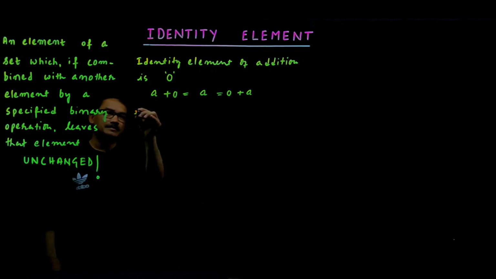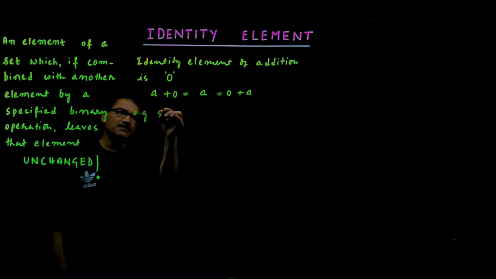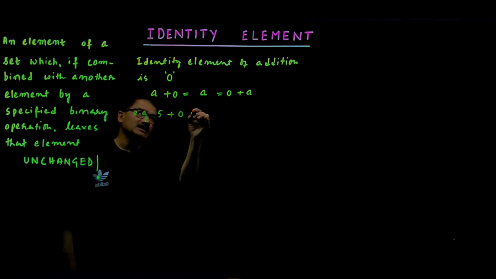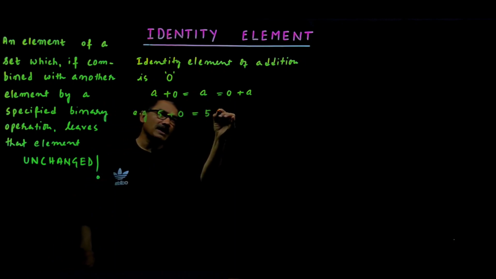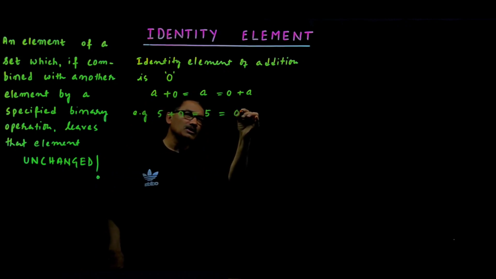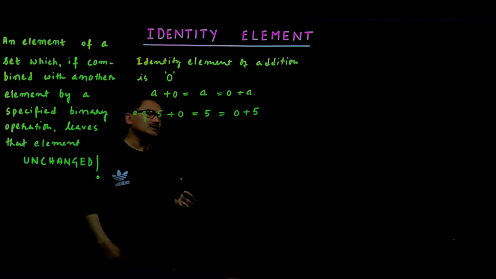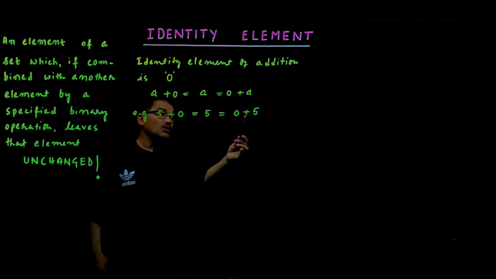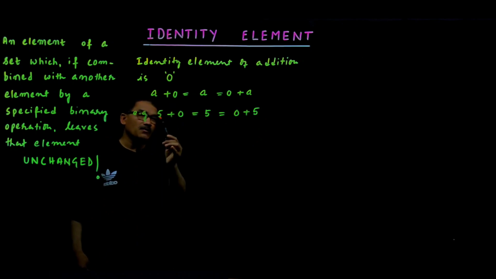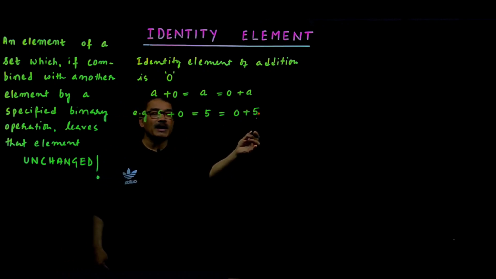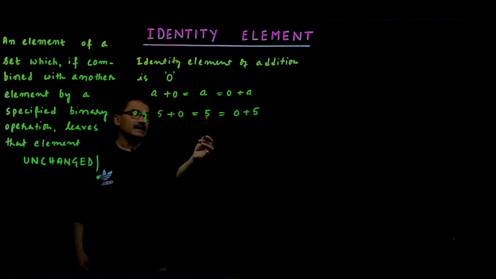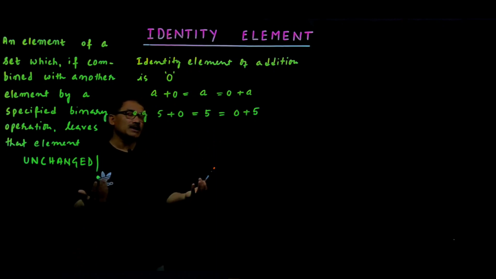For example, 5 plus 0 gives you 5, which is equal to 0 plus 5. So you can go either way because the commutative property holds good in addition. 5 plus 0 and 0 plus 5 will give you the same result, and that is equal to 5, just like 5 plus 4 and 4 plus 5 will give you 9, any way you do it.